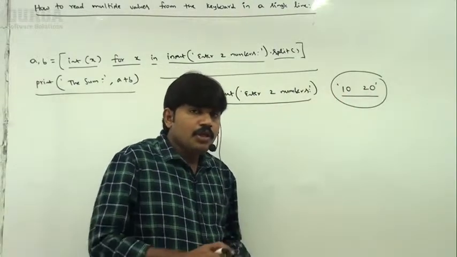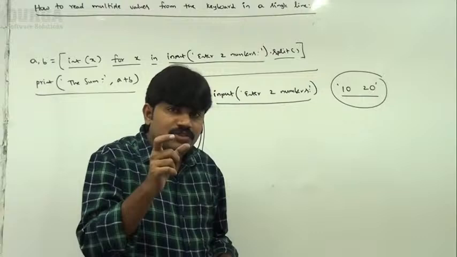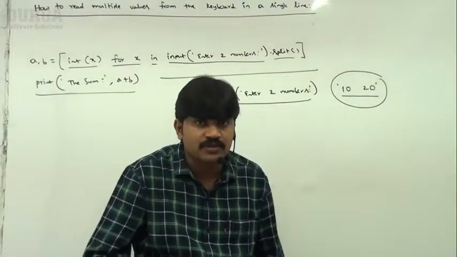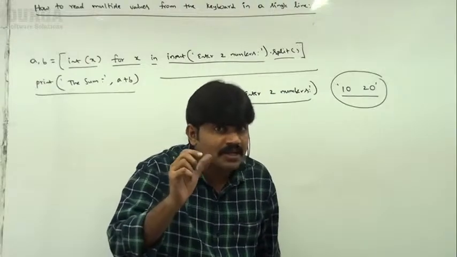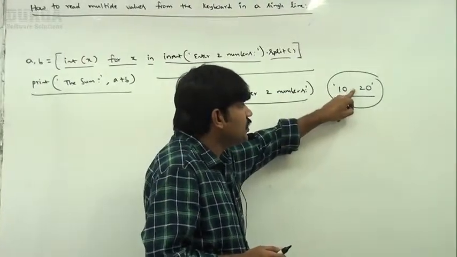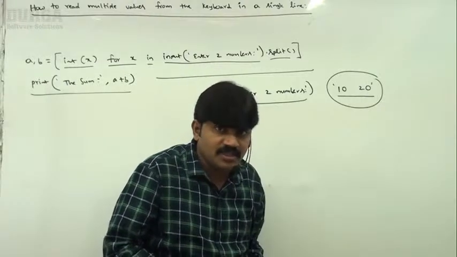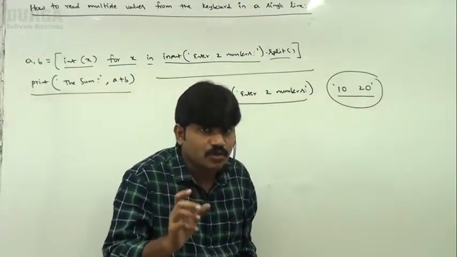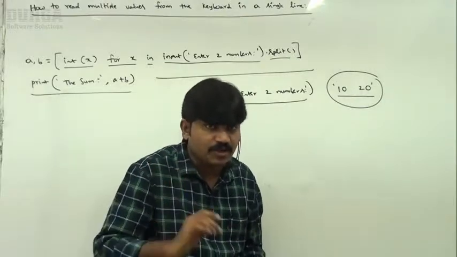Well, if you have the string and you want to split that string into multiple values, then we need to use the split function. In the middle, which thing is there? Space is there. I want to split this string with respect to space.